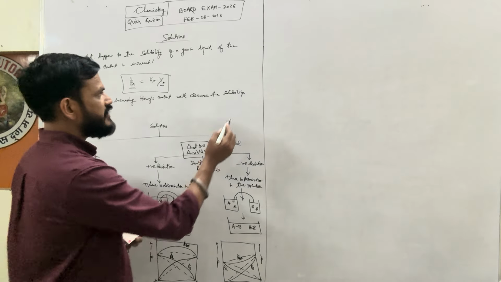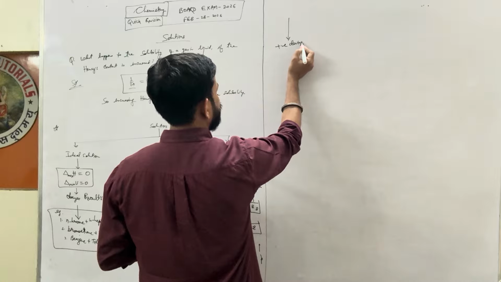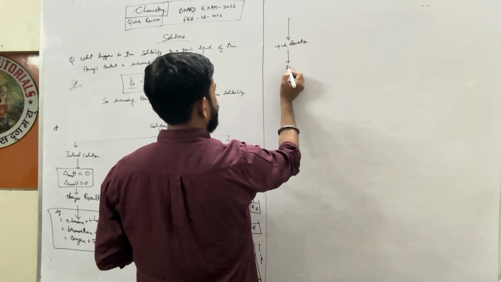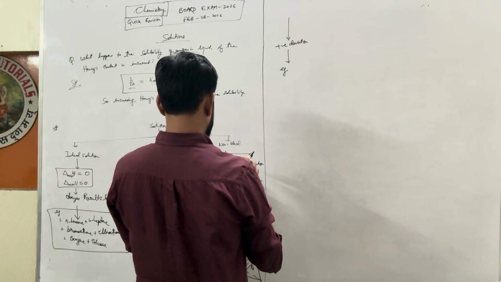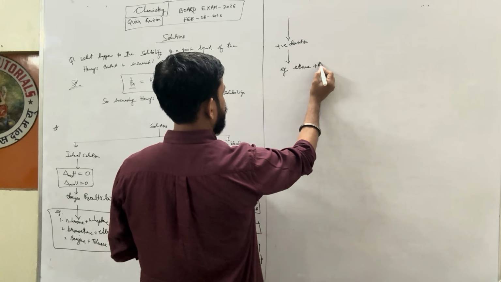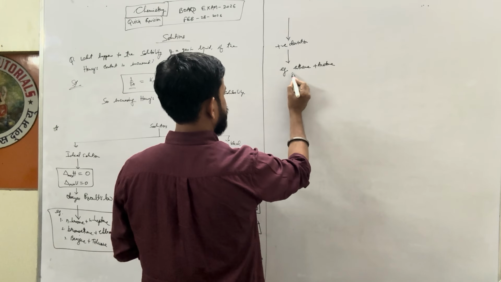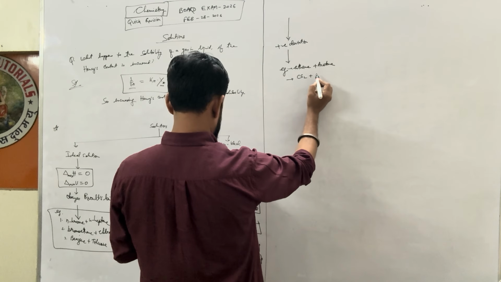Now in positive deviation, examples are ethanol plus acetone, and carbon disulfide plus acetone.